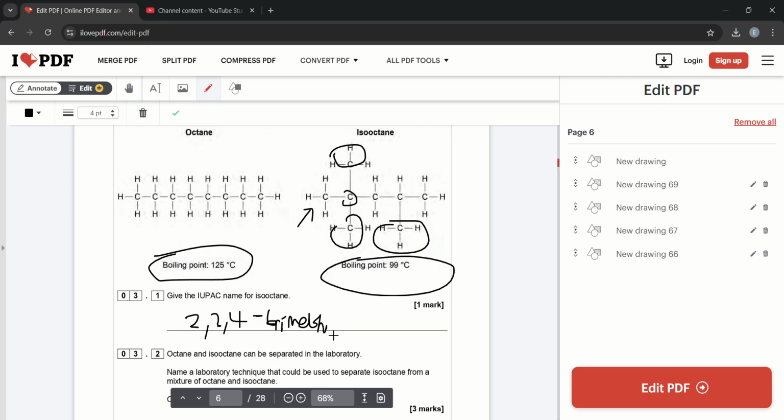And what's the longest carbon chain? 1, 2, 3, 4, 5: methane, ethane, propane, butane, pentane. So 2, 2, 4 trimethylpentane.